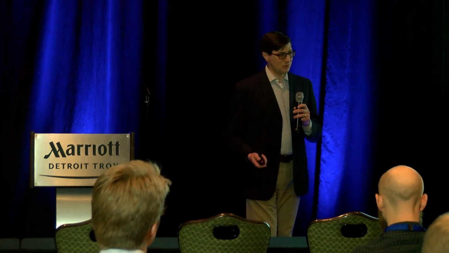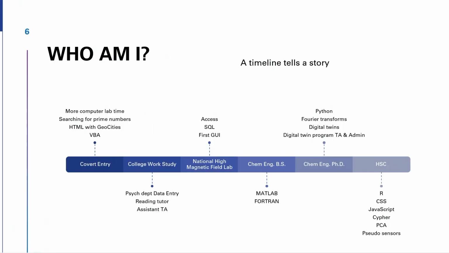Now about myself, here's a little timeline about how I came to be here. In high school, I had a little bit of interest in covert entry. That was a fun way to get some extra time in the computer lab. Yeah, that one got me into some trouble. But then I went off to college, started to learn more and more about programming, databases. But this was still all in the context of being a chemical engineer.